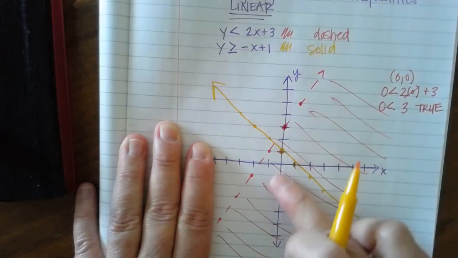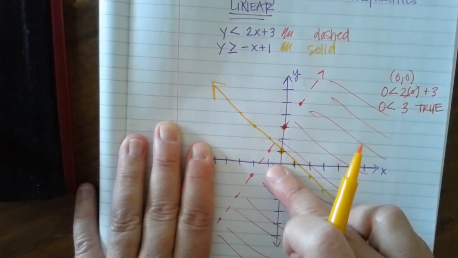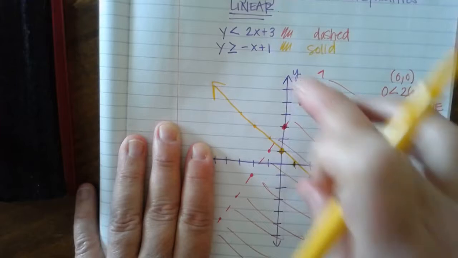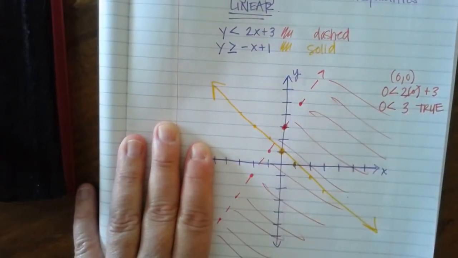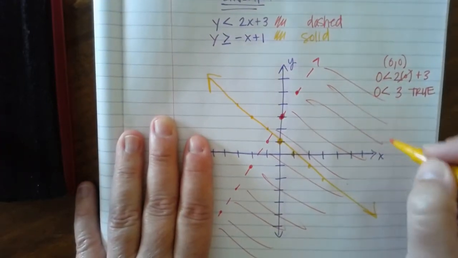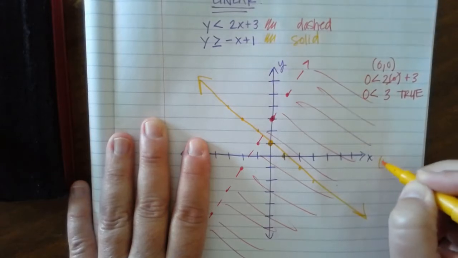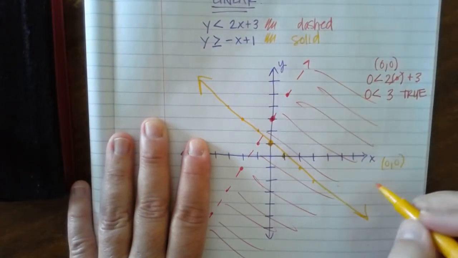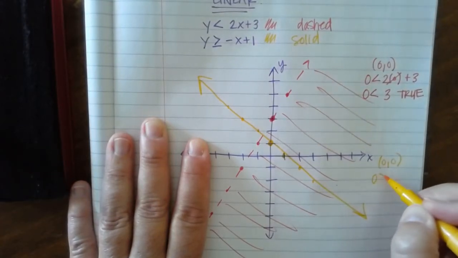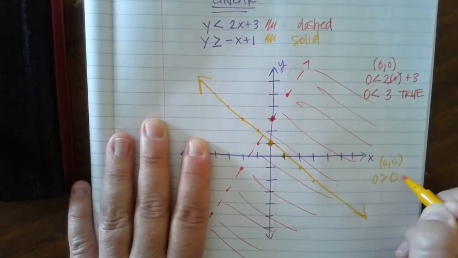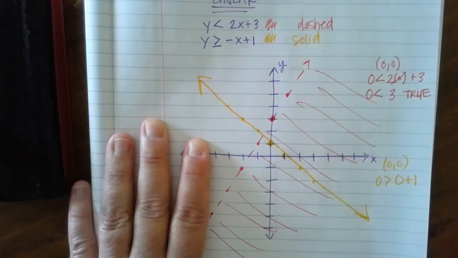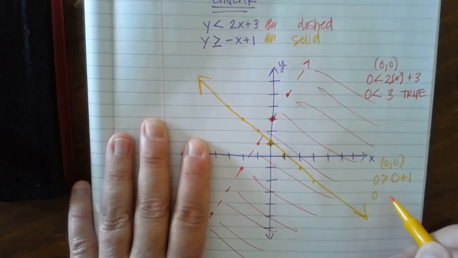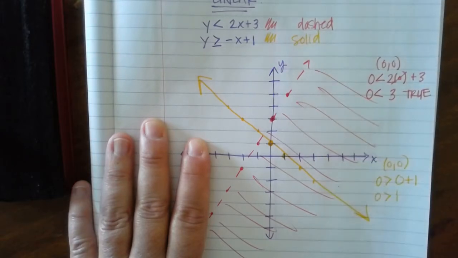It's negative. We're going to again use our test point of 0, 0 to see if we're going to shade here or on the other side of the line. So, I'll keep it all on the same page right here. So we'll say 0, 0 is my test point. So I'm going to say 0 is greater than 0 plus 1. Well, so we just get 0 is greater than 1.